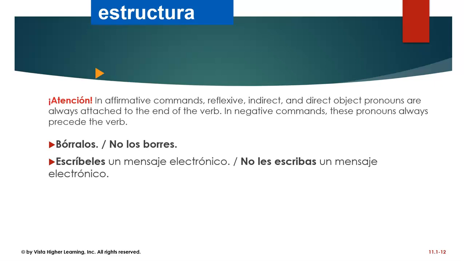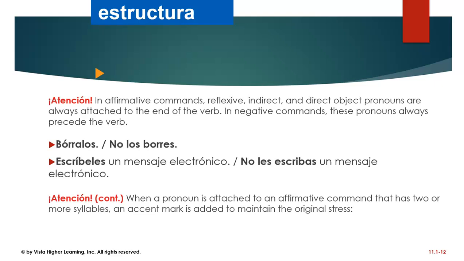Escríbeles un mensaje electrónico, but no les escribas un mensaje electrónico. And if you notice with bórralos and escríbeles, we're going to put an accent mark. Now, it doesn't happen all the time, okay? But when we have more than 2 syllables, the accent mark is added to maintain original stress.